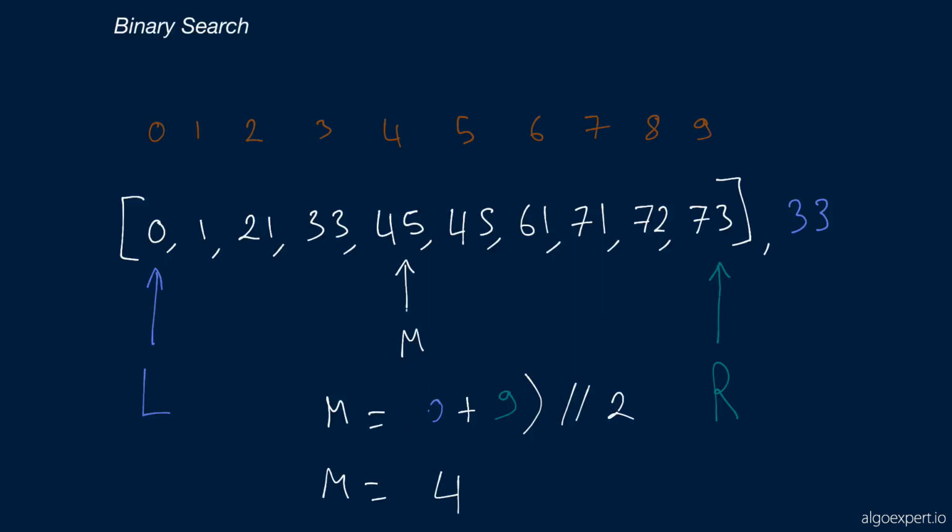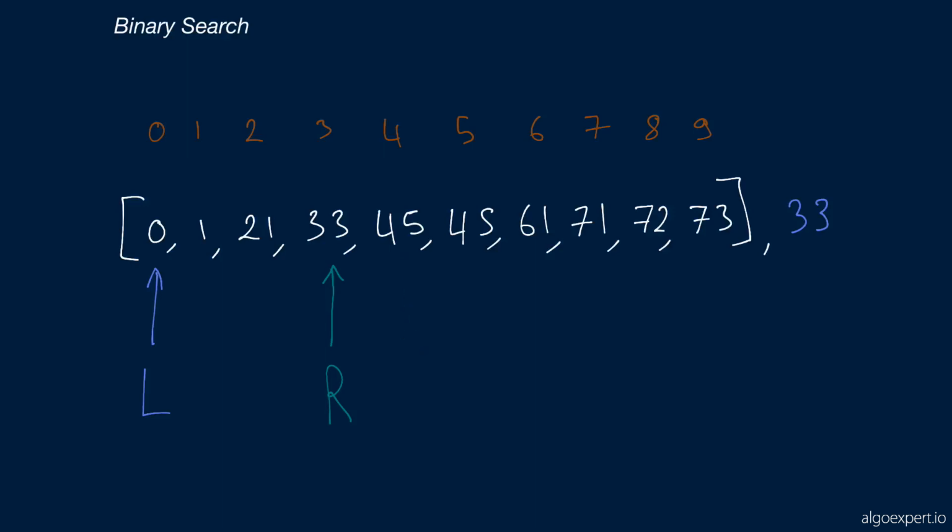Let's erase our calculation of the middle pointer, with the middle pointer pointing to index 4. We're going to grab the right pointer and move it to the index 1 to the left of the middle pointer. Now we can erase the middle pointer, and we can say that we have crossed out this entire right half of the array. We're never going to explore it again.